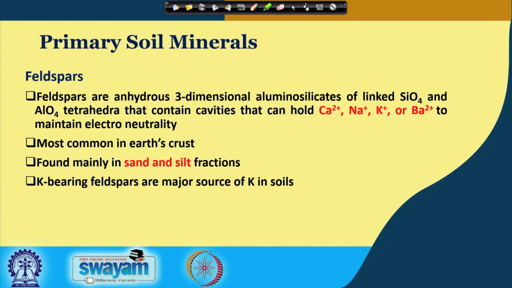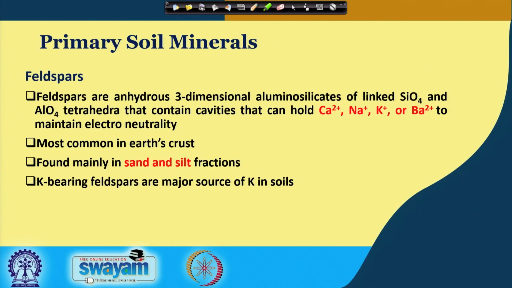We have also briefly discussed the classification of the soil silicates, and the difference between primary minerals and secondary minerals. Now in this lecture we will be discussing in detail the primary minerals and the different types of secondary minerals.